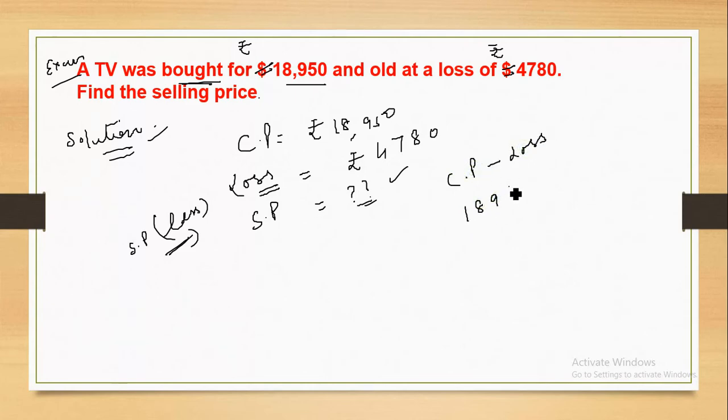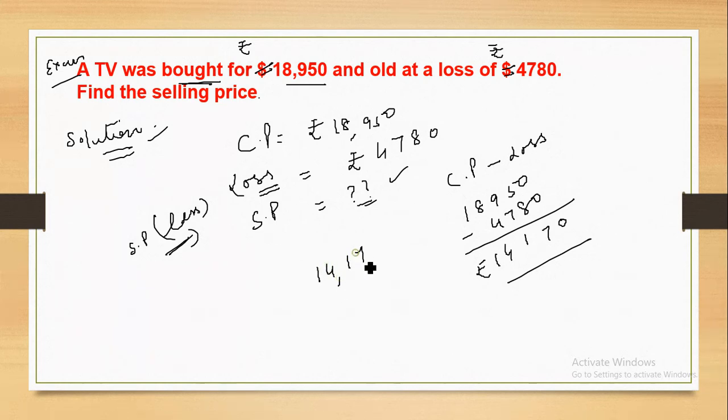So 18,950 minus 4,780. Get that subtraction. So this would be your SP. A TV was bought for rupee 18,950 with a loss of 4,780, so the selling price would be lesser, and that would come out 14,170, the SP of the TV. Clear?